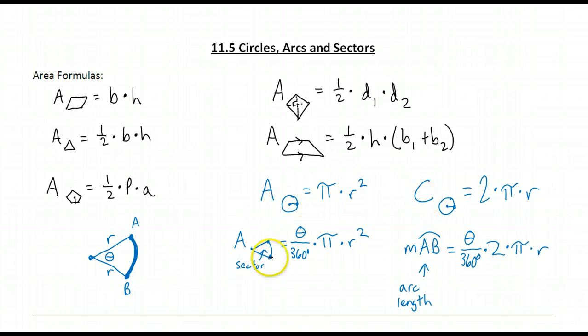So I have 4 new formulas, but they're really just based on 2 formulas that you already know. To figure out the area of a sector, I'm going to take the area of a circle and just use a portion of it. That portion is determined by this angle. To figure out the length of an arc, I'm going to use the circumference formula, but again, I only need a portion of it.